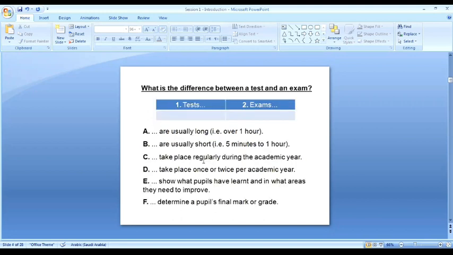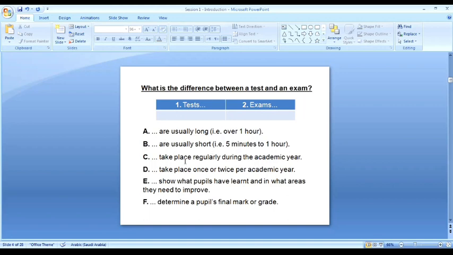So what is the difference between a test and an exam? There are some differences. A: are usually long, for example over 1 hour. Which one is long, a test or an exam? We will see later. B: are usually short, for example 5 minutes to 1 hour.